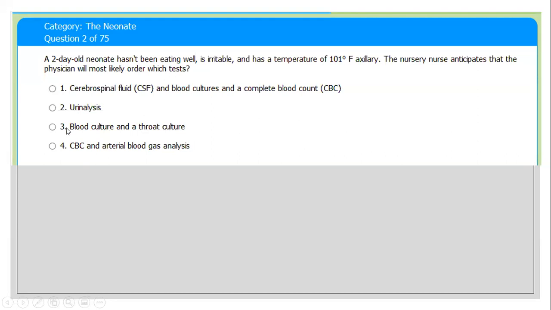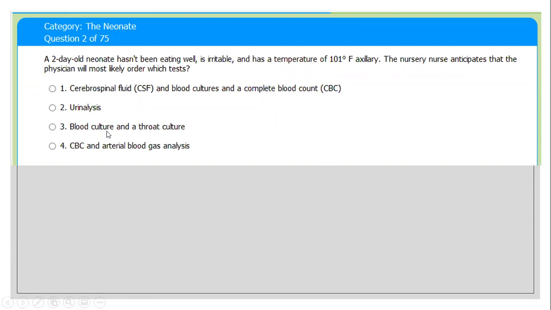Out of the four, which is the most important? Let me explain. Number four, CBC is important, but this patient does not need arterial blood gas analysis, so number four is not the answer.